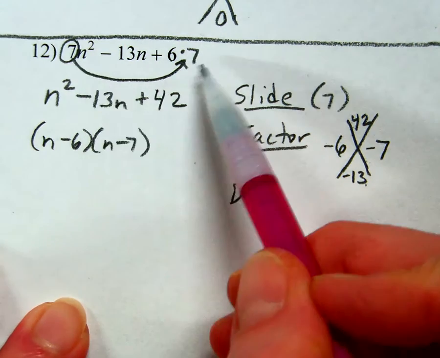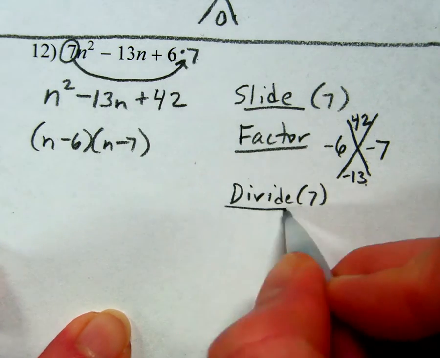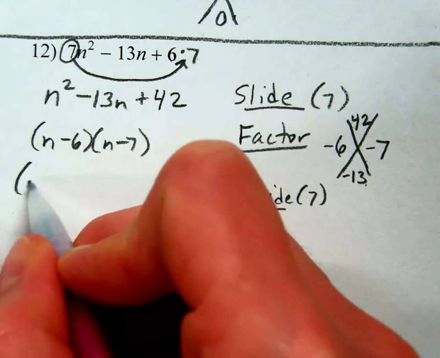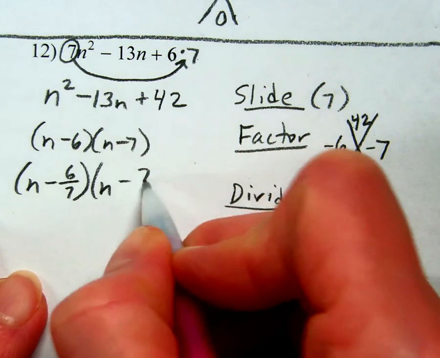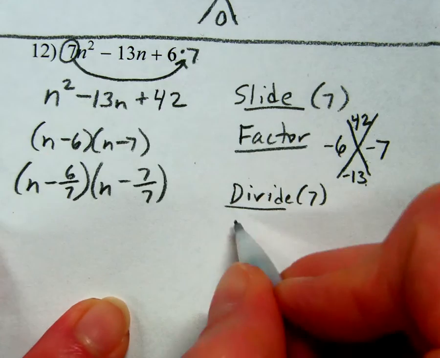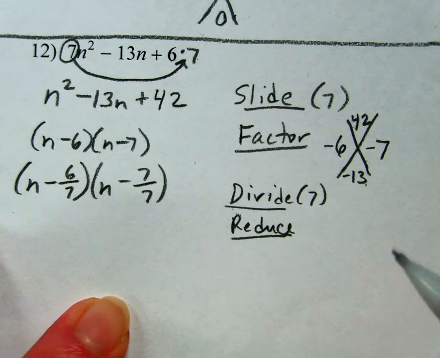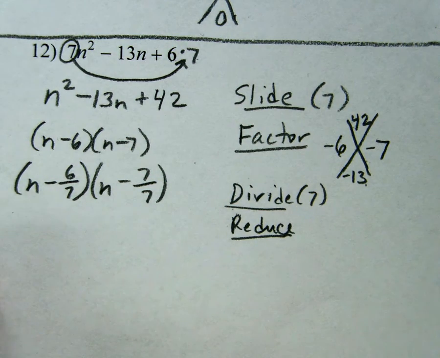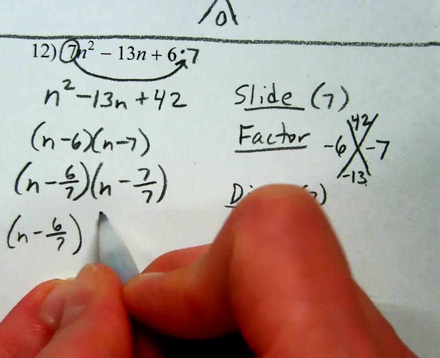And since it wasn't really legal to multiply that number by 7, now we have to get rid of that. We're going to divide both numbers by 7. So I'm going to rewrite this as n minus 6 over 7 and n minus 7 over 7. And then anything that can reduce, simplify those fractions, we will do that. So the first one, I can't do much with. It's just 6/7.